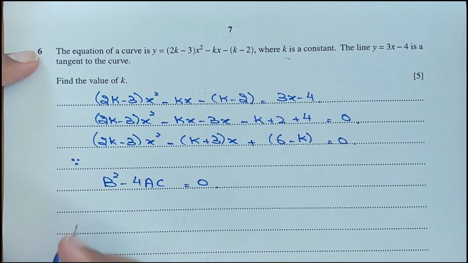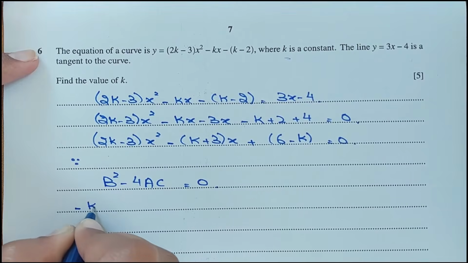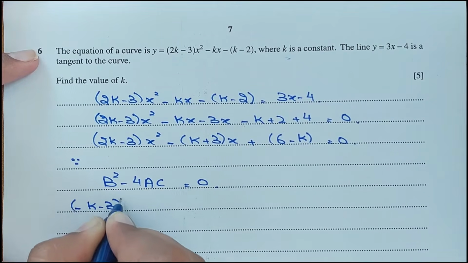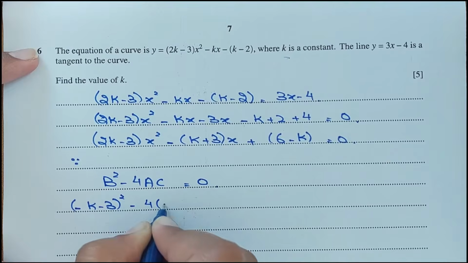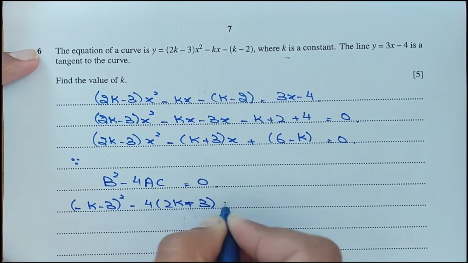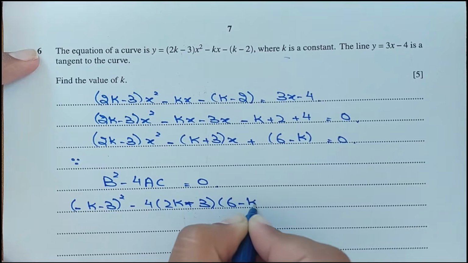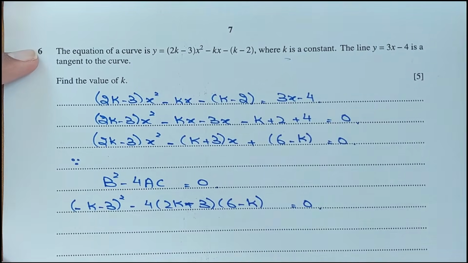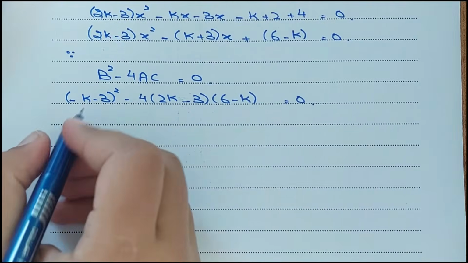Okay, so what is the b value? The b value is negative k minus 3, its whole square, minus 4 times the a value, which is 2k minus 3, and the c value is 6 minus k. This equals 0. Let me open this.